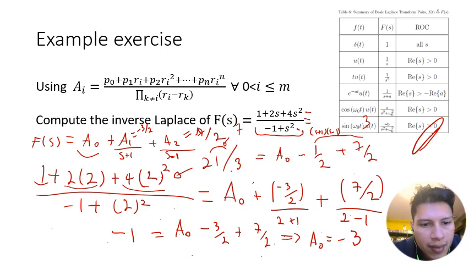Then 3, and then you get negative 3/2, and then you have s plus 1, which is 2. So that becomes a 3, and so that becomes negative 1/2, yes. And then here you get 2 minus 1, which is equal to 1, and then 7/2. And then you have 21, and then you have to subtract from that 3. And then 7 becomes 4. Yeah, so here we're going to get that A0 equals 4.